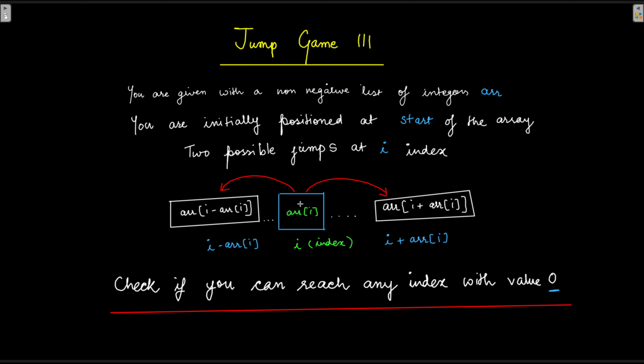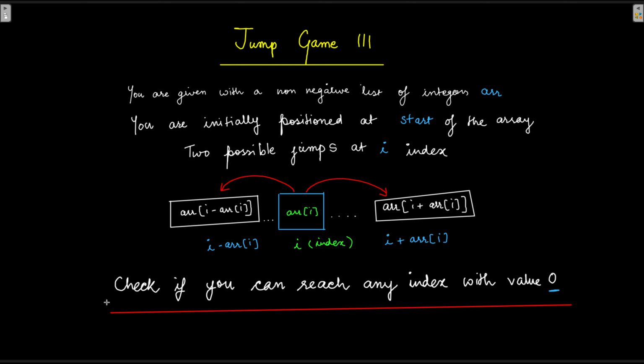So let us say the value is 2 here and our current index is 3. One possible location would be 3 plus 2, and that would make it 5. So the next position could be 5, or the other position could be the negative of the value.